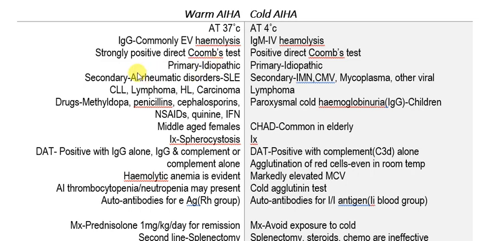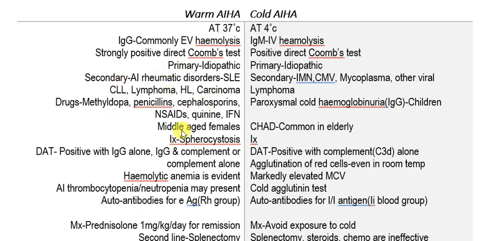Similar to any other disease, warm autoimmune hemolytic anemia can be divided into primary and secondary. If you cannot find a cause, you call it idiopathic. And if there's an underlying cause, such as an autoimmune rheumatic disorder, SLE, chronic lymphocytic leukemia, lymphoma, Hodgkin lymphoma, or any other carcinoma, it is secondary warm autoimmune hemolytic anemia.